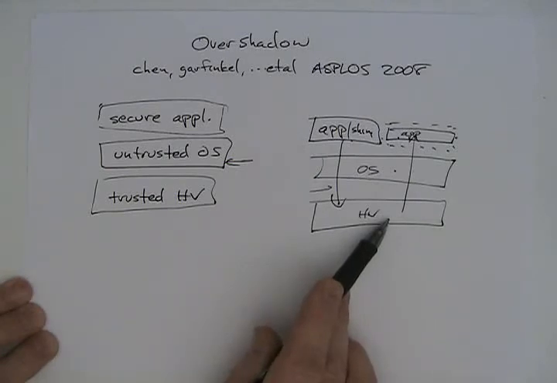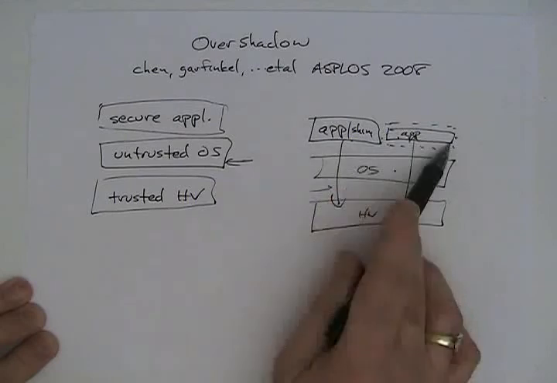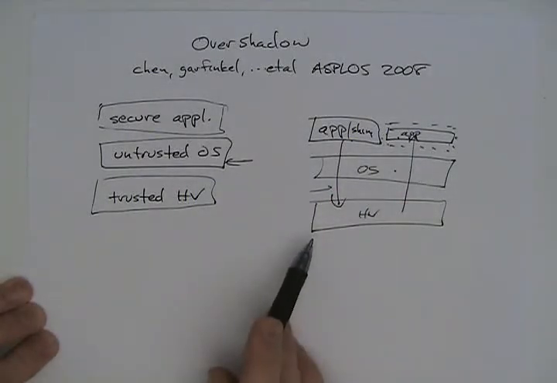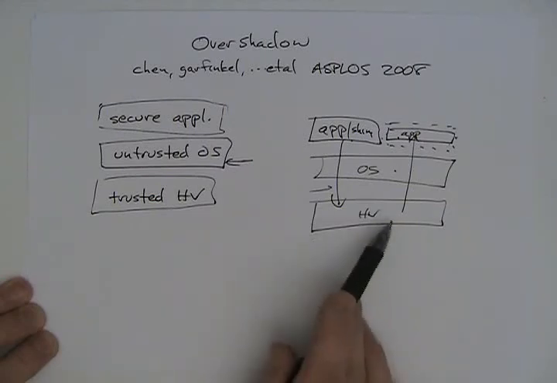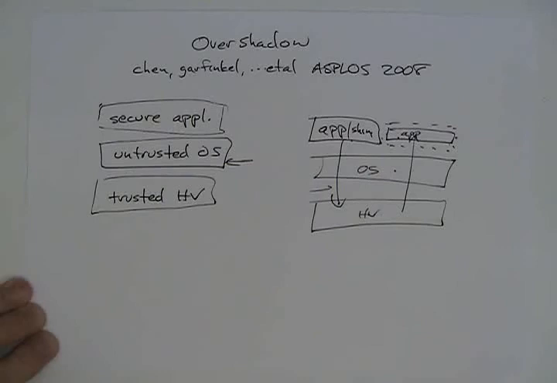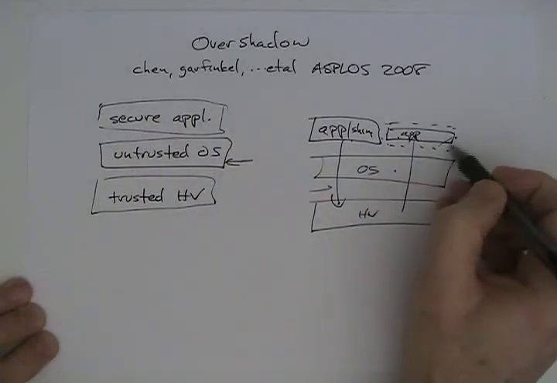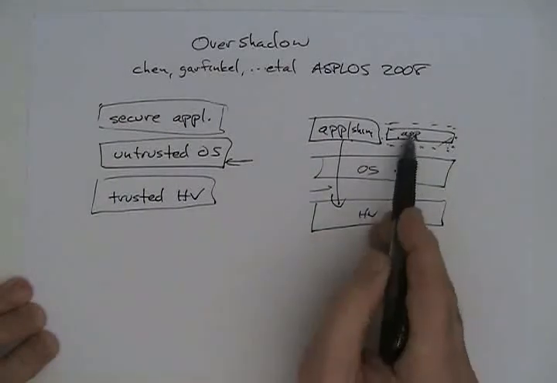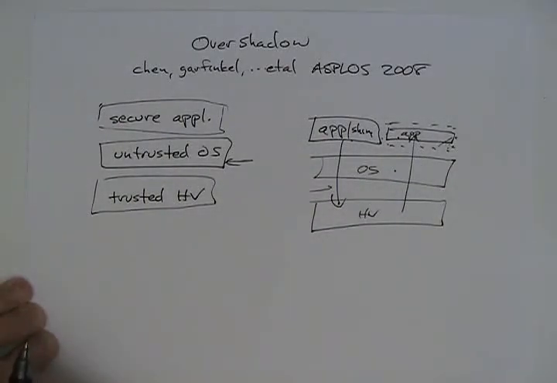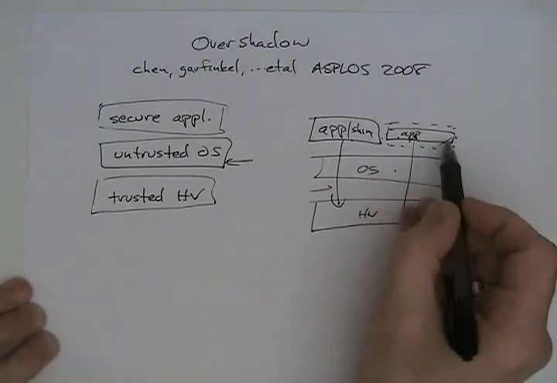And when that happens, the hypervisor would encrypt this application. And then when it sees that it's switching back to the application, it first checks a hash to see whether the application had been corrupted, and if it has been, it'll kill it.